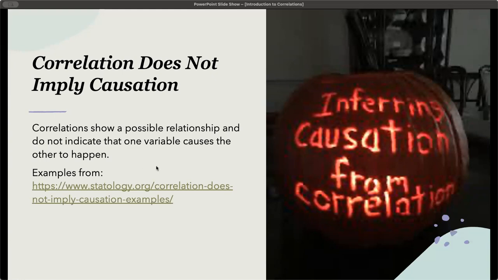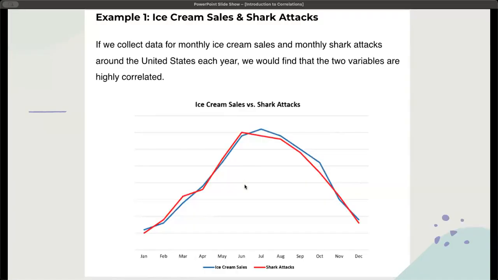I'm going to show some examples from statology.org on the next few pages. The image on this page is in memes on all these different sites throughout the internet. I cannot find the original author for this meme, but it is this very scary thing when we infer causation from a correlation.